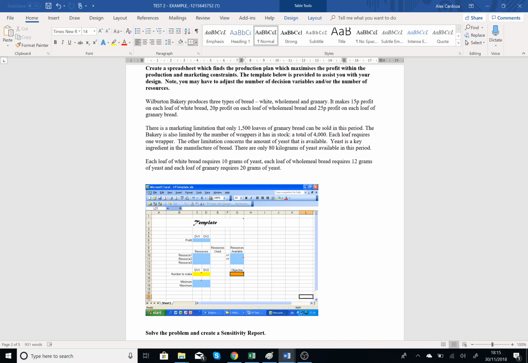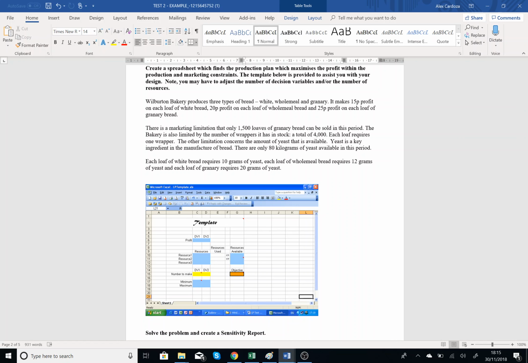So there's a marketing limitation that only 500 loaves of granary bread can be sold in this period. The bakery is also limited to the number of wrappers it has in its stock, to a total of 4,000.